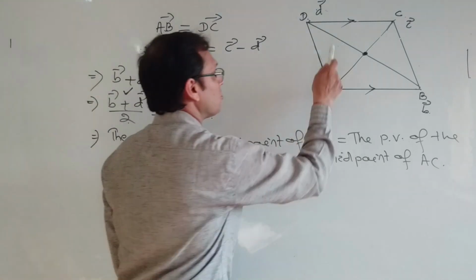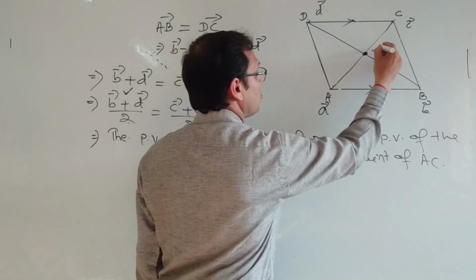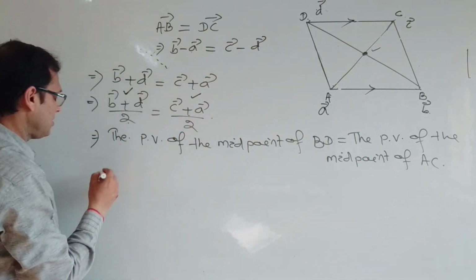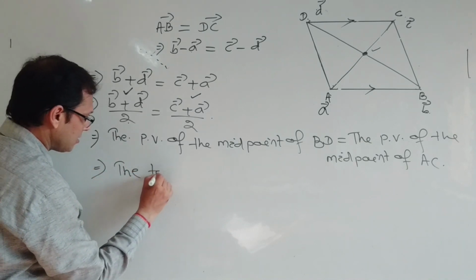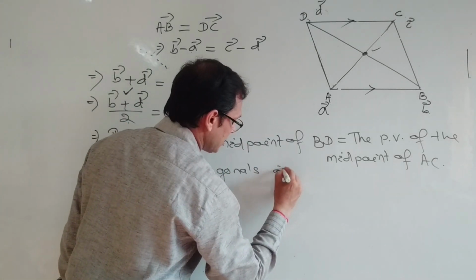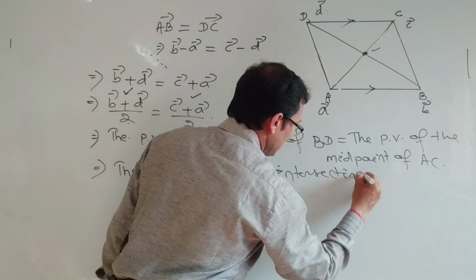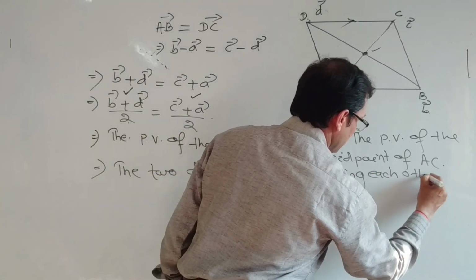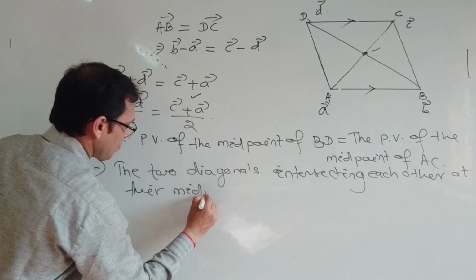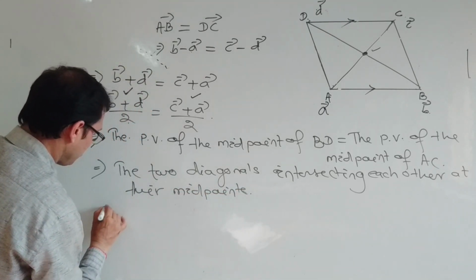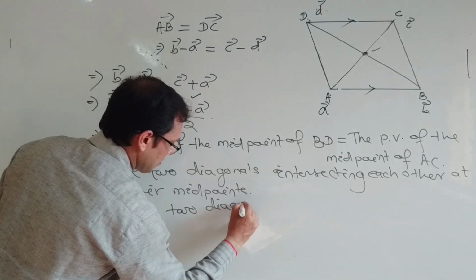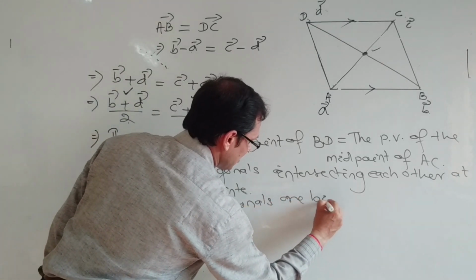That means the midpoints of the two diagonals coincide, which means the two diagonals intersect each other at their midpoints. That means the two diagonals are bisecting each other.